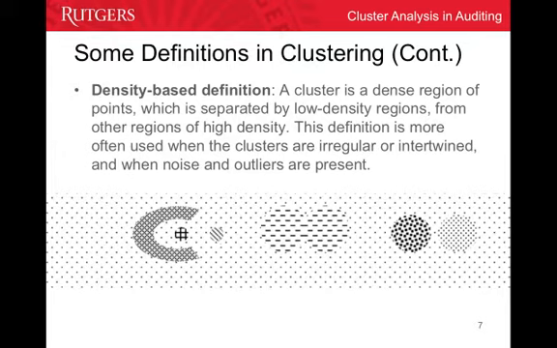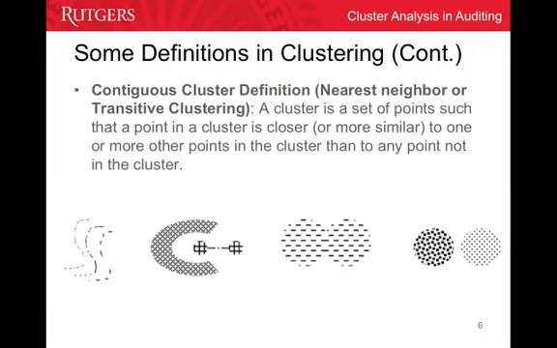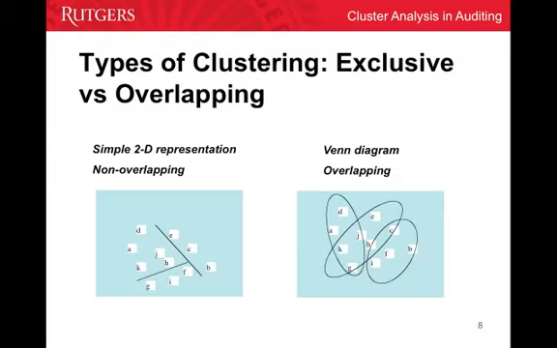So we can see that the density-based definition is very good at dealing with noise and outliers compared with the contiguity-based definition. In the contiguity-based definition, the noise between these two clusters may form a bridge to connect these two clusters together. Then I'm going to introduce several different types of clustering.